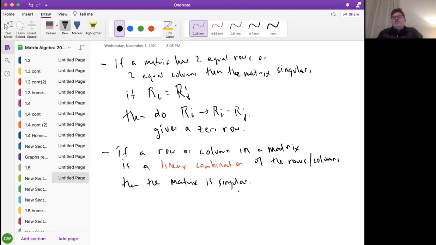Okay, all right, we haven't talked about linear combinations in a while, right? Does anybody remember what that is?